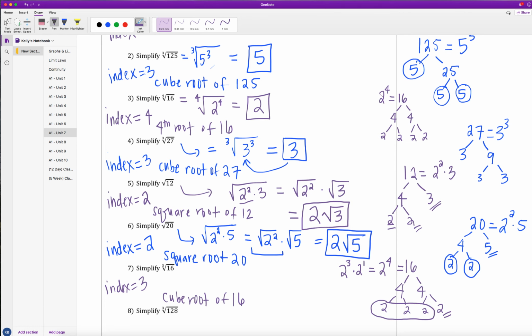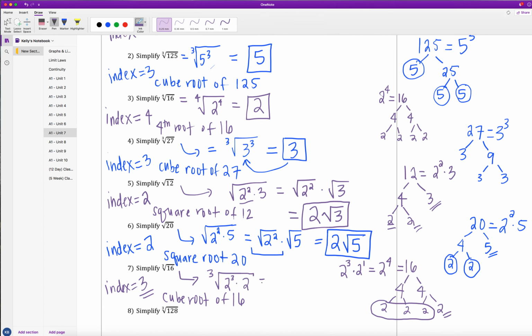What we're looking at is we're trying to group it so it's in groups that equal the index. So because my index is 3 here, I want to group these in groups of 3 together. So I was able to create one group of 3, and then I have something extra, which is similar to what happened in example 5 and 6. So if I rewrite this now, I could rewrite the 16 as 2 to the 3rd times 2.